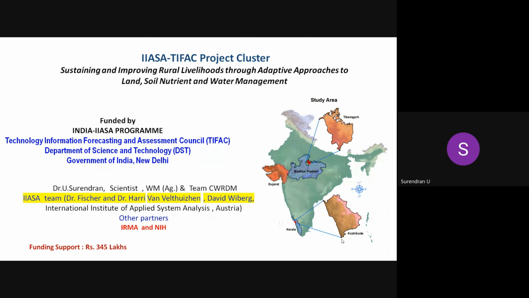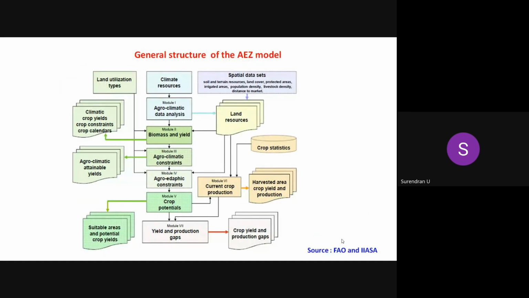In this, we partnered with the Institute of Rural Management, the National Institute of Hydrology, as well as IIASA, the International Institute for Applied Systems Analysis, Austria, which is the think tank of the FAO for deriving food and agriculture related policies.